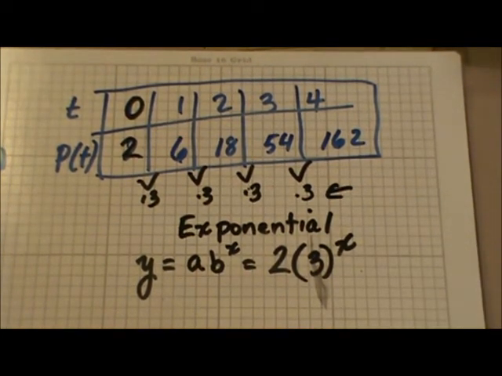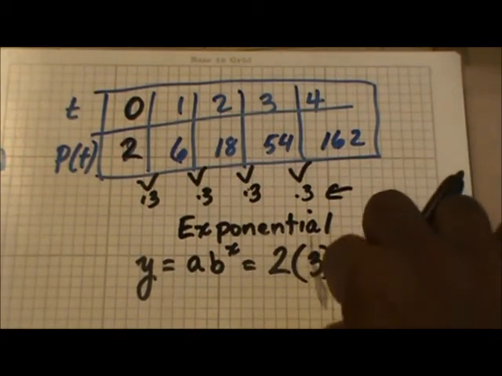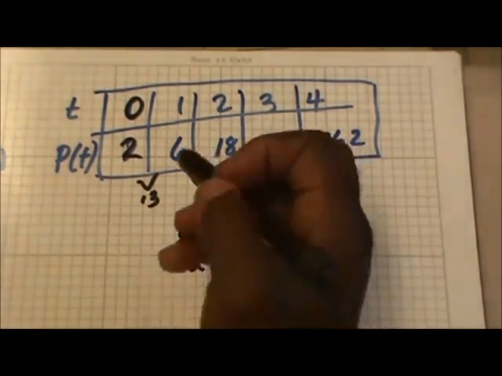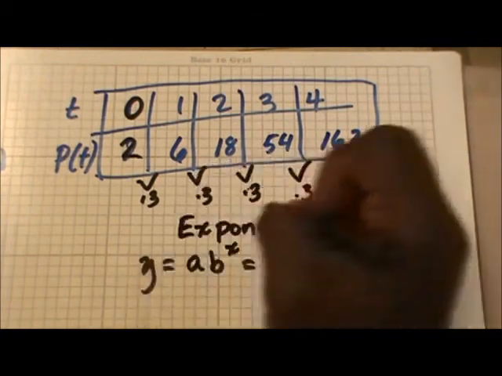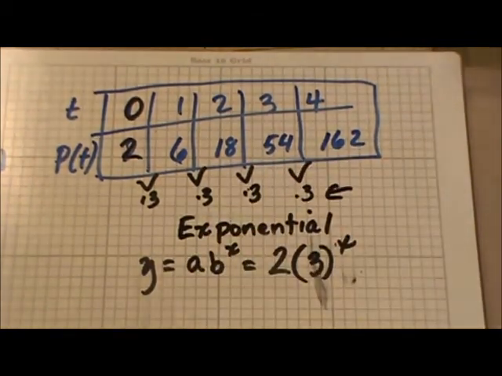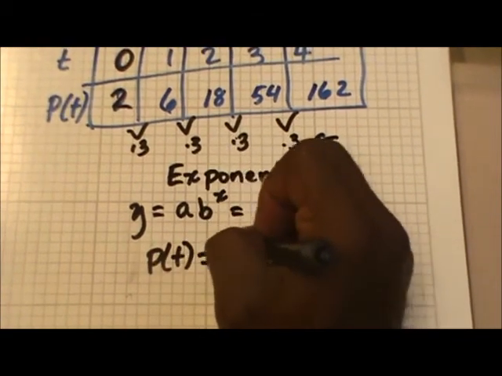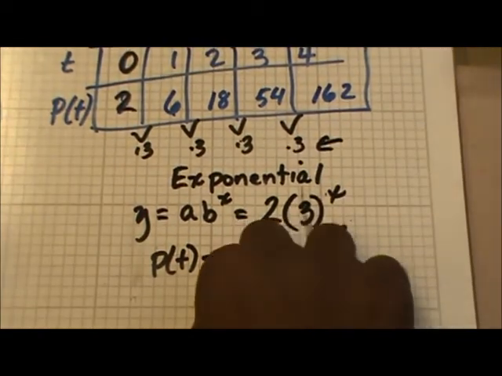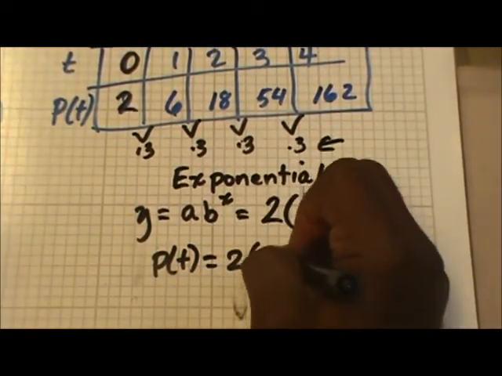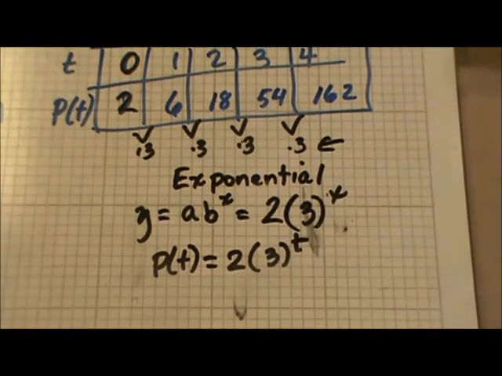Questions? Because that's it for that part. Now it shouldn't be x, I'm sorry, and it shouldn't be y. Let's do it correctly. So we should have P of T is equal to 2 times 3 to the t.